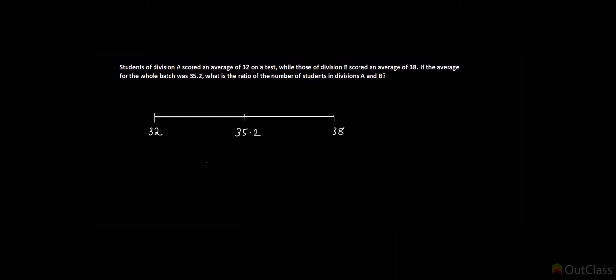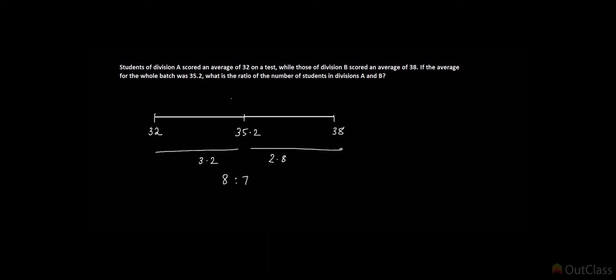So in this case, what you would do is, instead of going from the mixing ratio to the distance ratio, by which I mean distance on the number line, you go in the reverse direction. You look at the distance ratio first. It's clearly 3.2 and 2.8. That ratio simplifies to 32 is to 28, which further simplifies to 8 is to 7.